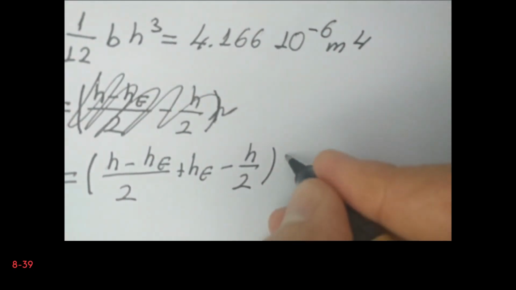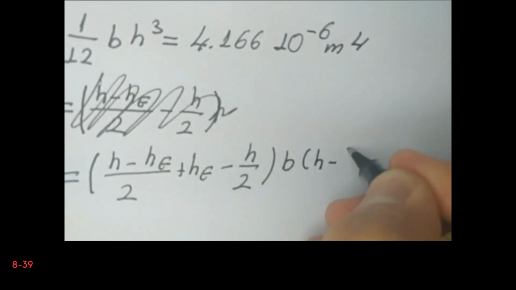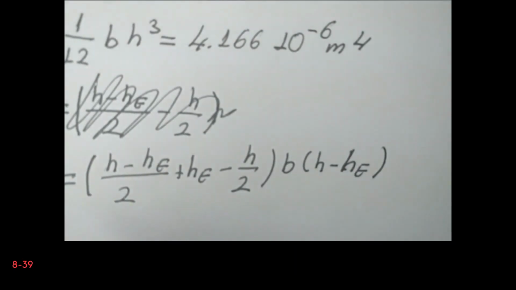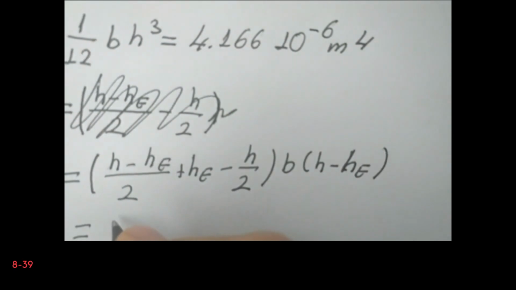So in other words, Q is equal to HE divided by 2 multiplied by B multiplied by (H minus HE).